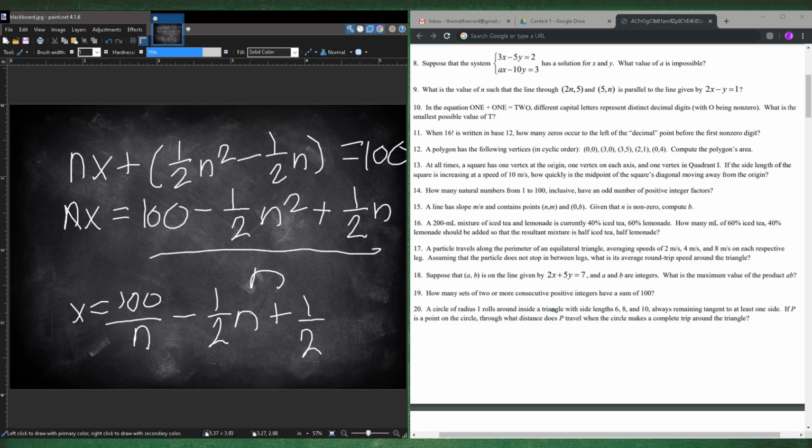Based on this, if n is even, there's that 1/2 that I have to deal with. So n has to be odd. That's what it tells me: n has to be odd.